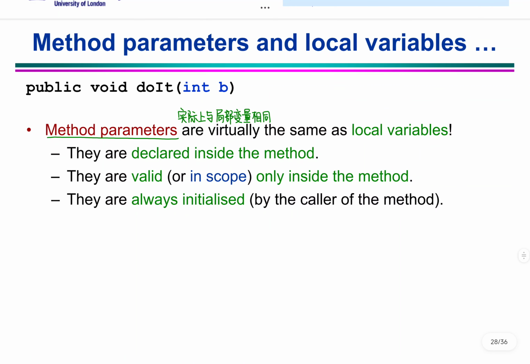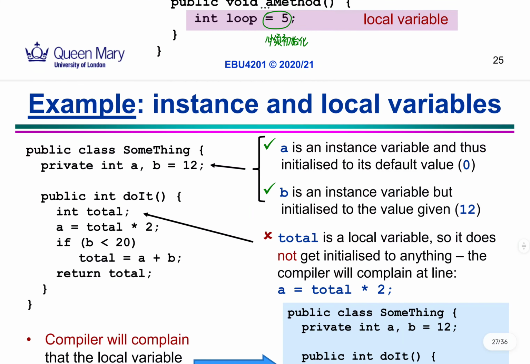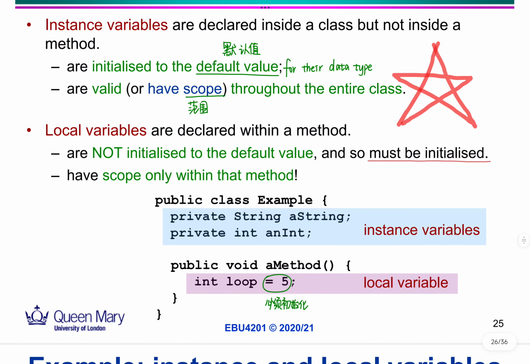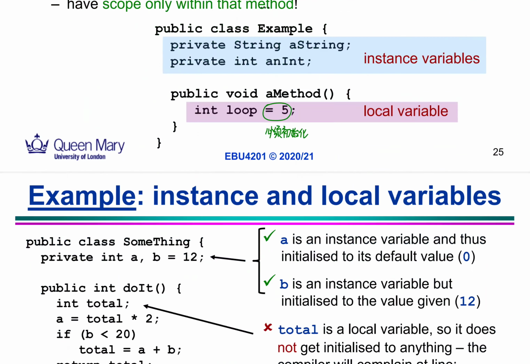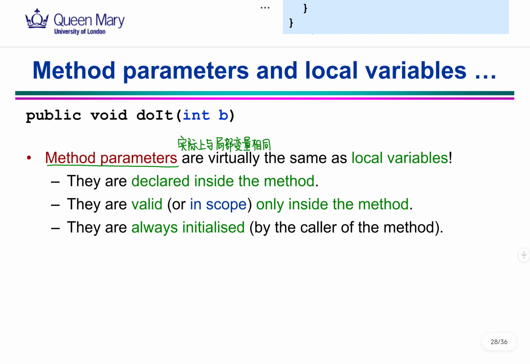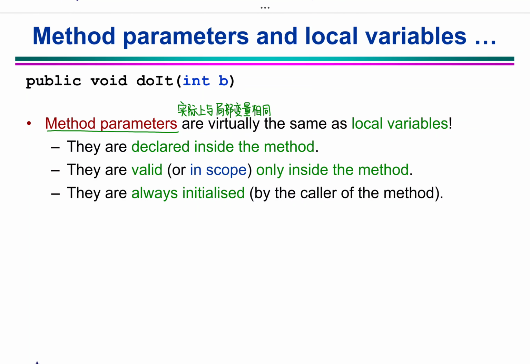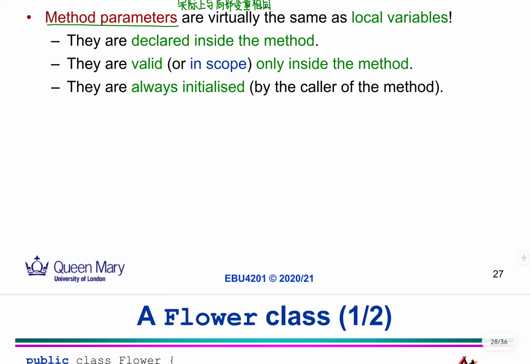Method parameters and local variables: local variables are declared only within the method, and method parameters are virtually the same as local variables. They are valid only inside the method. The argument means the delivered data.